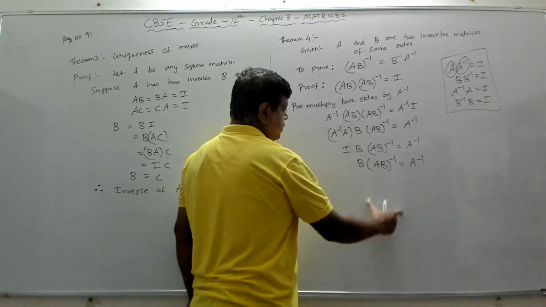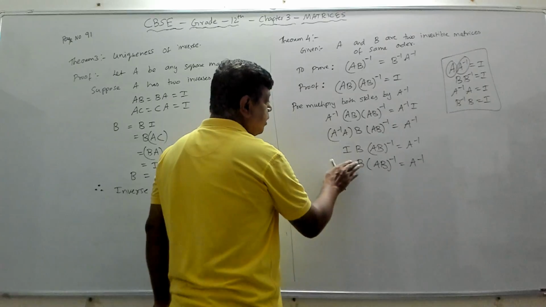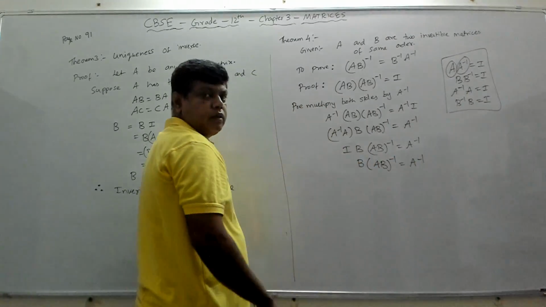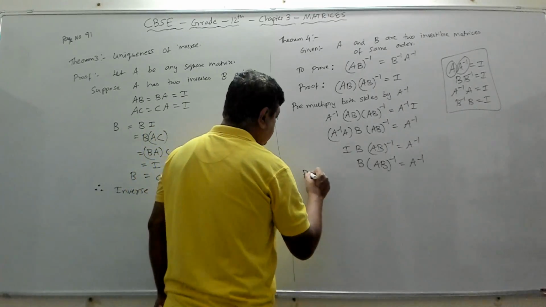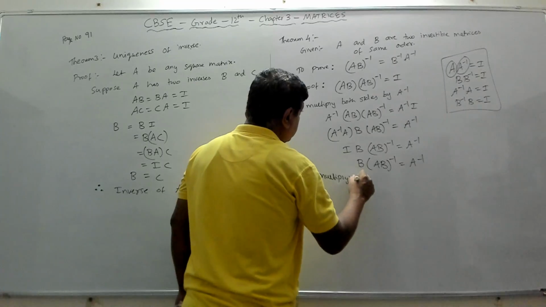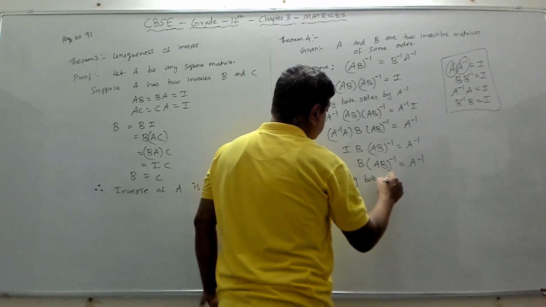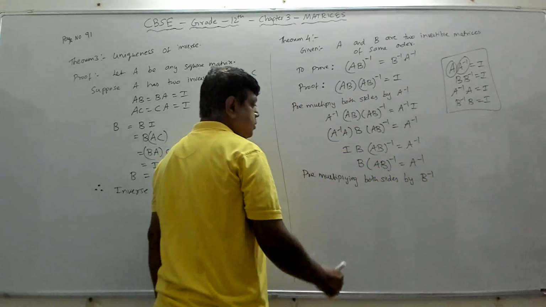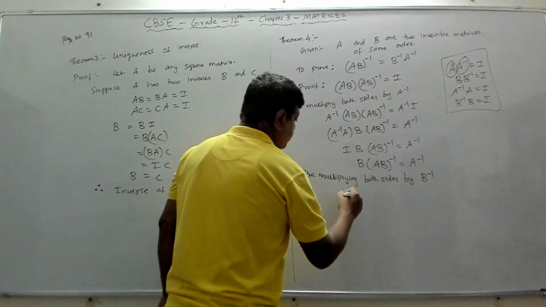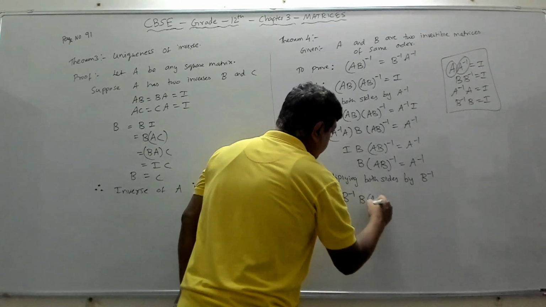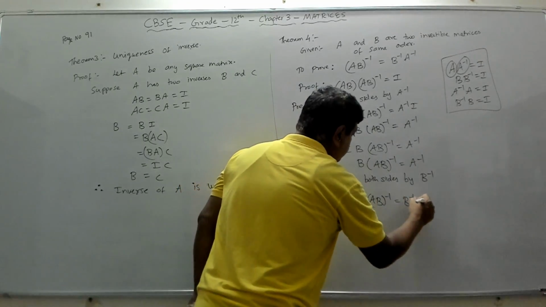Then we got this condition. Now again we need to eliminate this B, which means we have to pre-multiply both sides by B inverse. So again pre-multiplying both sides by B inverse, which means I should first put B inverse. So B inverse into B, then AB the whole inverse equal to B inverse A inverse.